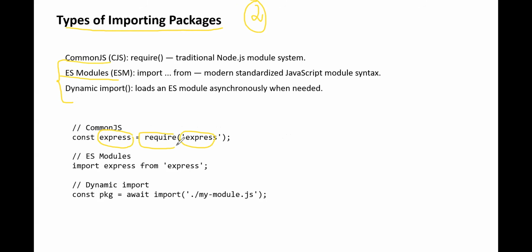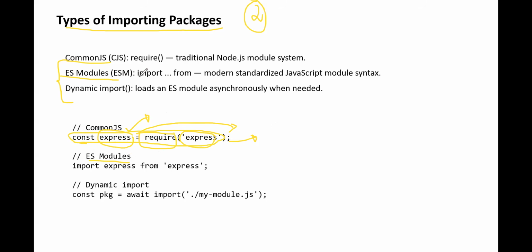By using require, we import the package. CommonJS is the old tradition. If any system is not compatible with the new versions, that is ES modules, then we use this old version. If you try to use the new syntax in the old version, it will give an error. You can clearly see that.